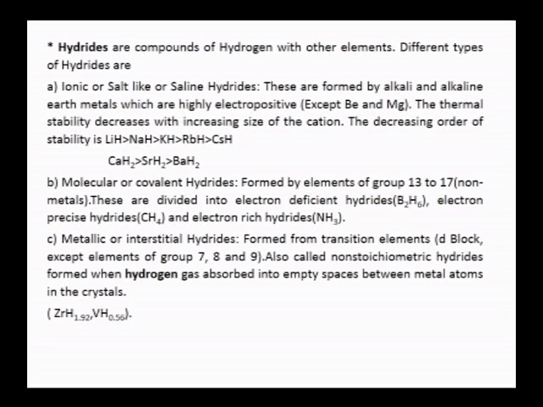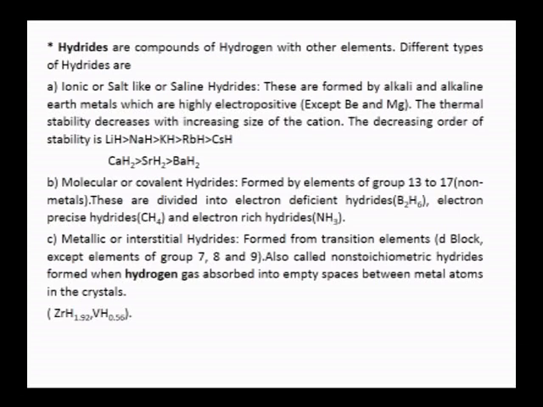Then we have molecular or covalent hydrides formed by the elements of group 13 to 17, which are normally called non-metals. These are divided into electron deficient hydrides like BH3, AlH3, etc., electron precise hydrides like CH4, and electron rich hydrides like NH3, H2O, HF, etc. In electron deficient hydrides, the molecule is formed with an inadequate number of electrons to write the conventional Lewis structure.